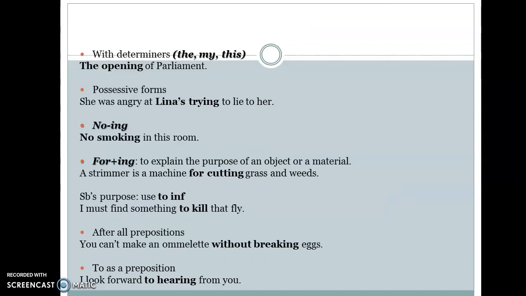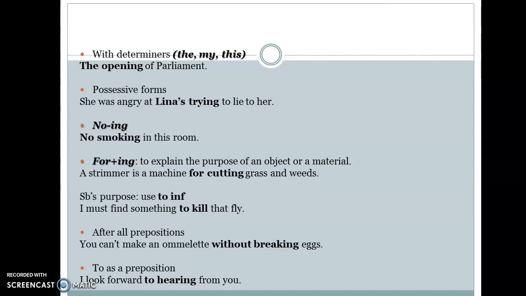We also use the gerundial forms with determiners, especially when we need of after the gerundial form, with possessive forms, in cases such as no smoking, no parking is allowed, or to explain the purpose of an object or a material.